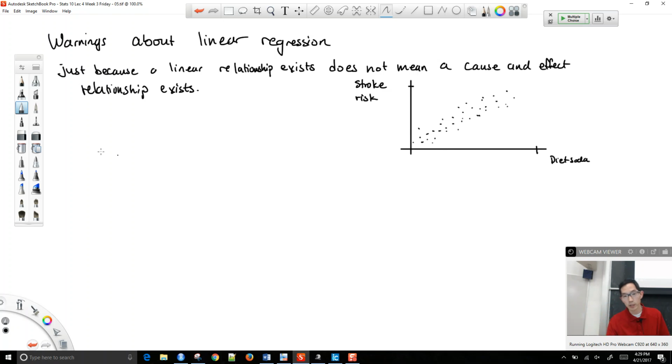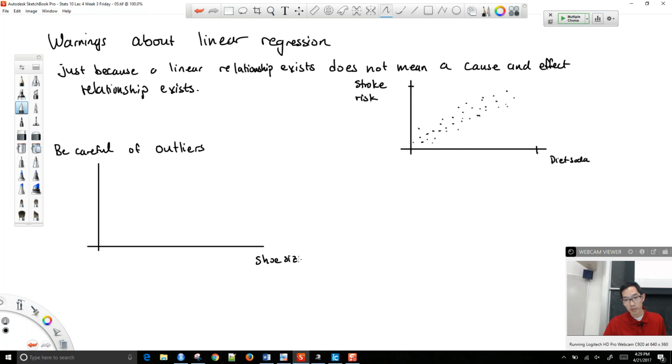Another thing is we have to watch out for outliers. So let's say we measured people's shoe size and annual salary. We ask, how big are your feet, and how much money do you make?